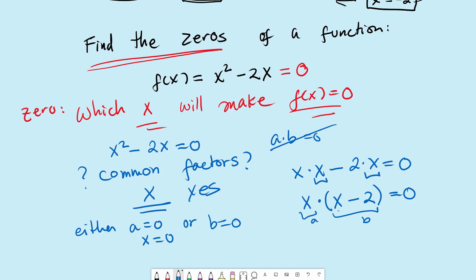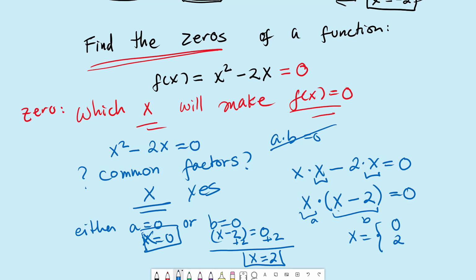If b equals 0, we have x minus 2 equals 0. That's our second factor. And if we add 2 to both sides of this equation, we can get x equals 2. So these are our two solutions. X equals, we can write this out as x equals 0 and 2.